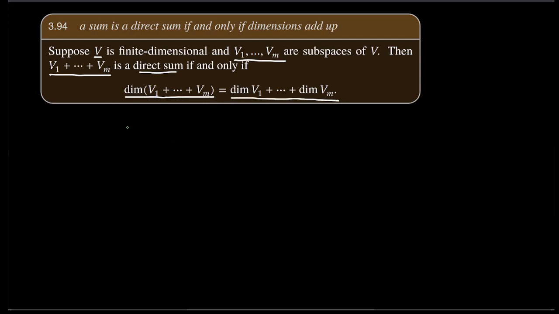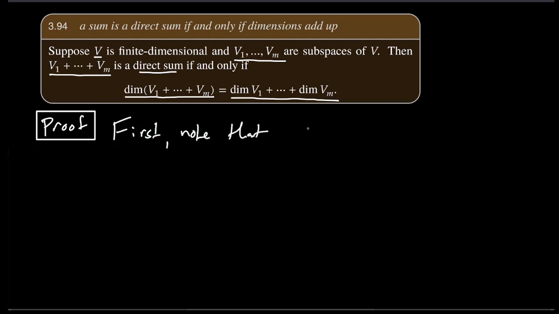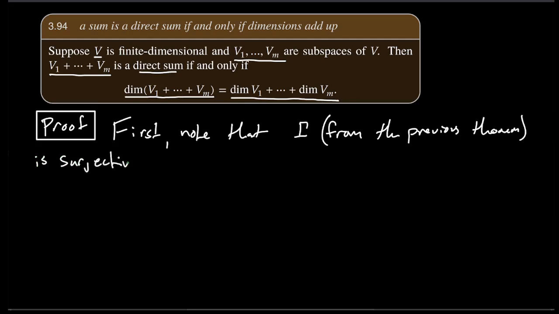All right. So, proof. First off, let's notice something. Note that gamma from the previous theorem is surjective, right?